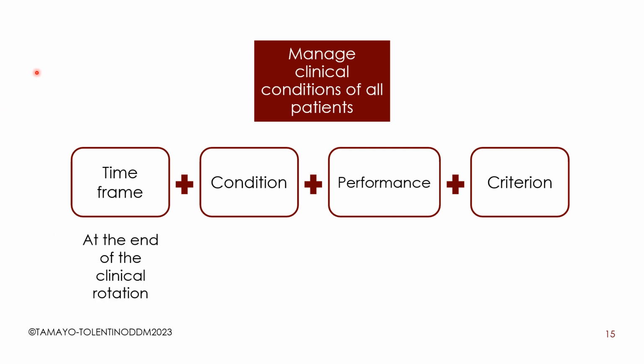Let's say at the end of the clinical rotation. After the time frame, we state the condition. Condition again refers to the context under which the performance of the students will be tested. For example, given 20 cases. So that could be a condition.